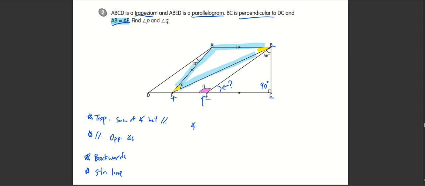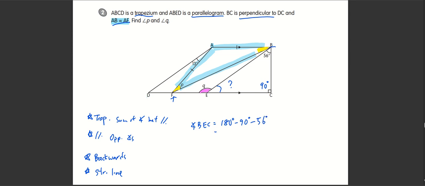So starting off already, I can find this missing angle here. That is angle BEC using 180 degrees minus 90 degrees, the right angle triangle properties.